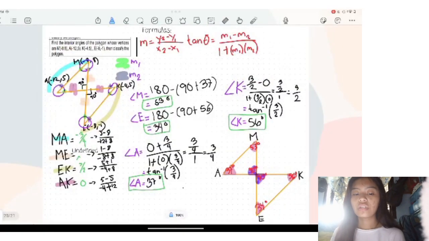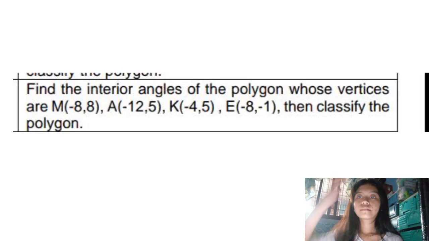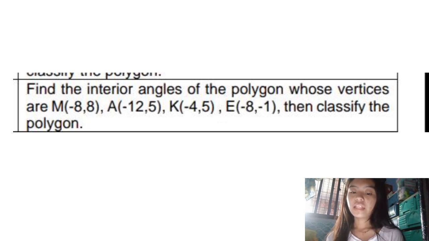So, let's continue on to our problem for today. The problem that we're going to solve is: find the interior angles of the polygon whose vertices are M (-8, 8), A (-12, 5), K (-4, 5), E (-8, -1), then classify the polygon.